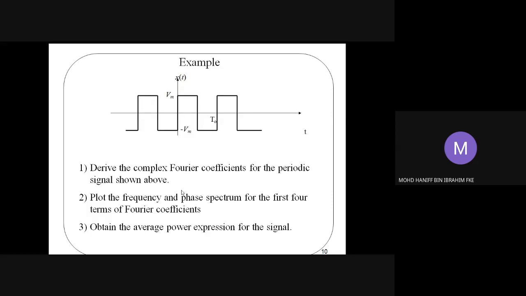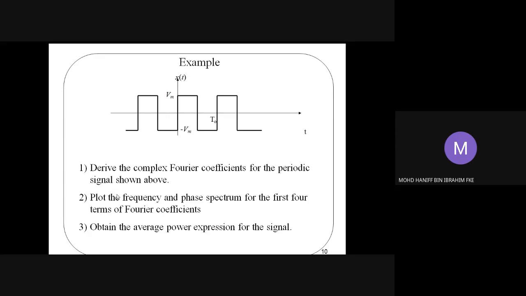So the questions are interrelated. Number 1, find the coefficients based on the table. Number 2, plot the spectrum, both amplitude and phase. And number 3, obtain the average power based on Parseval's theorem, so you need to use the values of the Fourier coefficients from the first question.